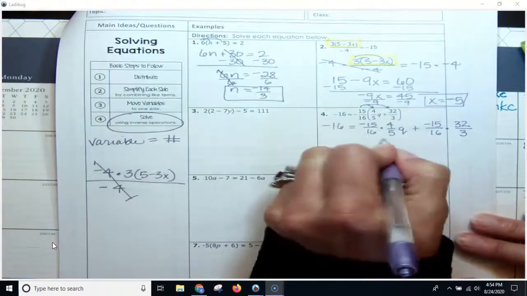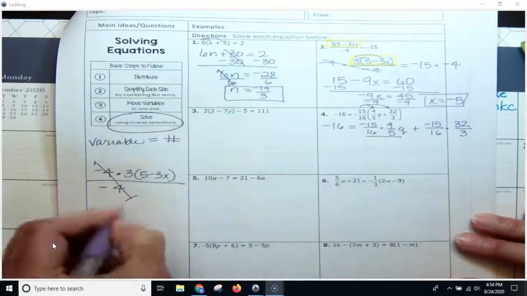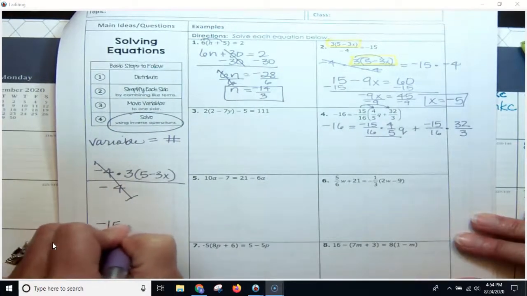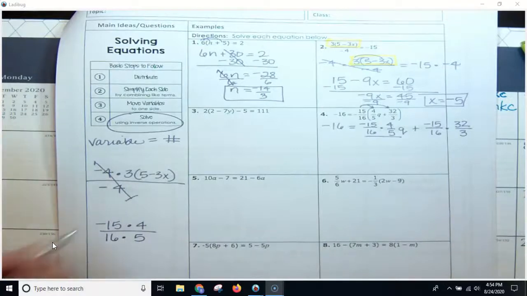So if I have, for example, this right here, negative 15 times 4 divided by 16 times 5, I can go ahead and divide these numbers that are even. We are not cross multiplying. Please, please, please do not get confused.